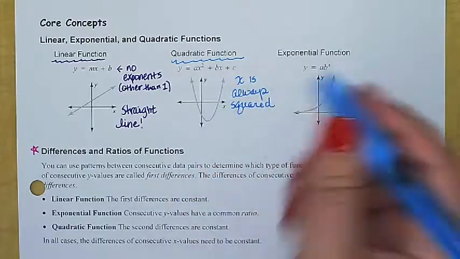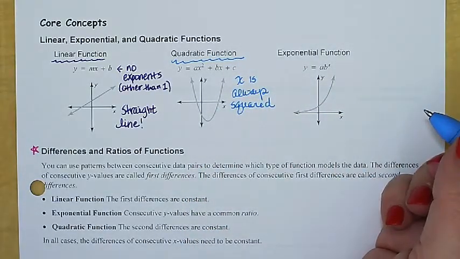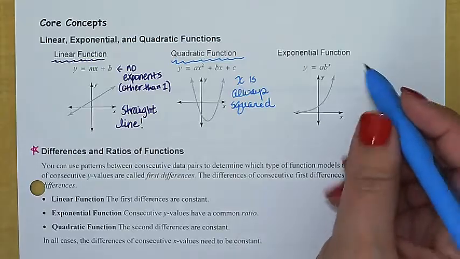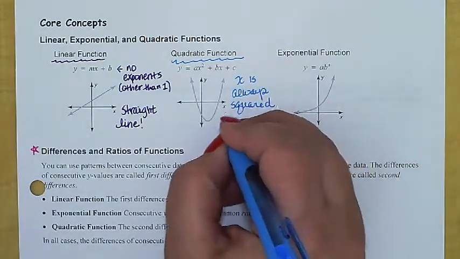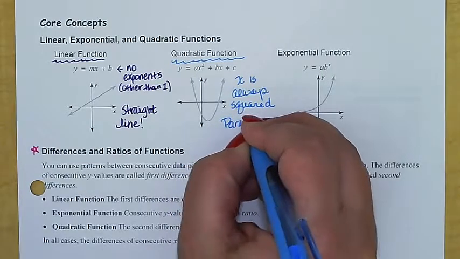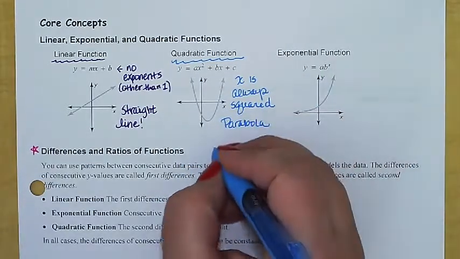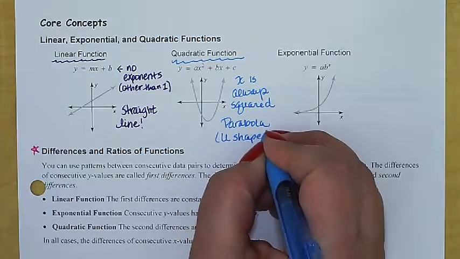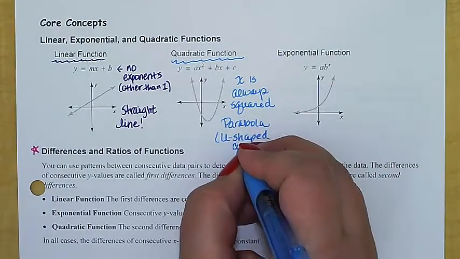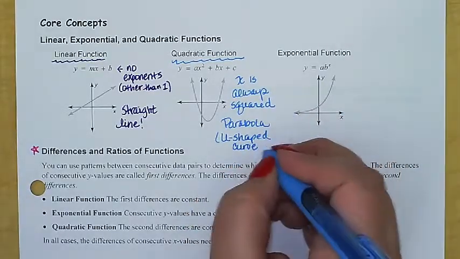And you can think of it as a degree 2 polynomial, right? And when we look at the graph, we call it a parabola, but it's that U-shaped curve that we've been studying so much over the last couple of weeks.